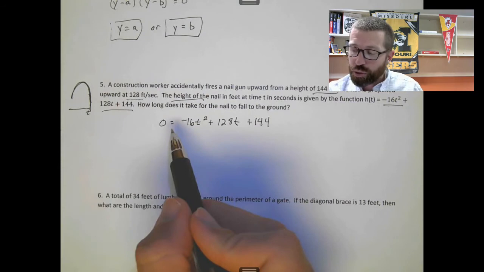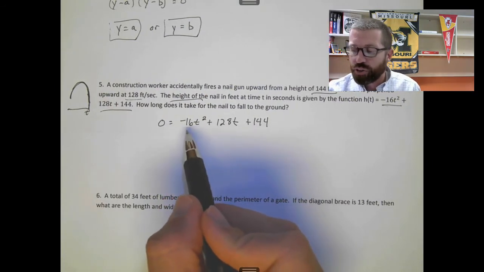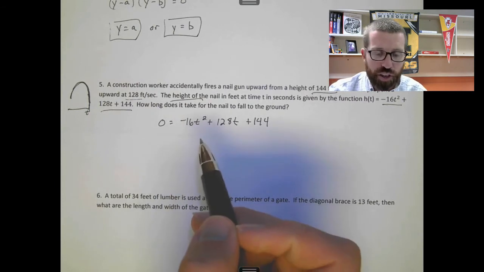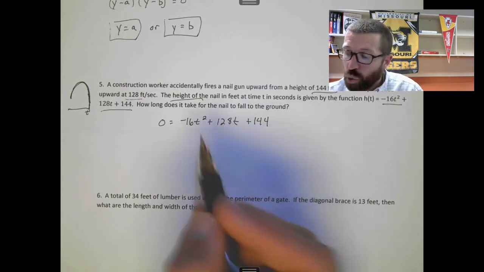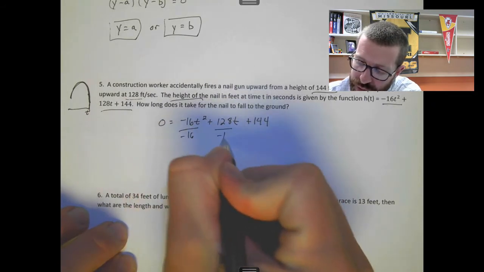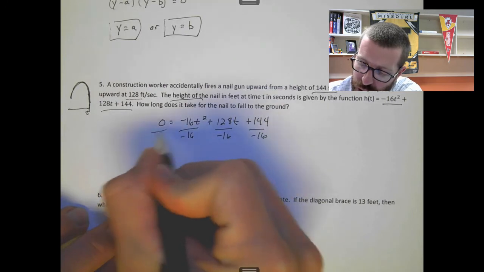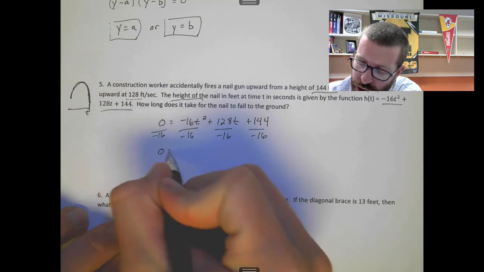Here, because it's equal to 0 and the greatest common factor is 16, you can either divide both sides by 16, or take out a 16. Let's divide by negative 16, and then we'll have to do it on the left side. So the left side, we just get 0.